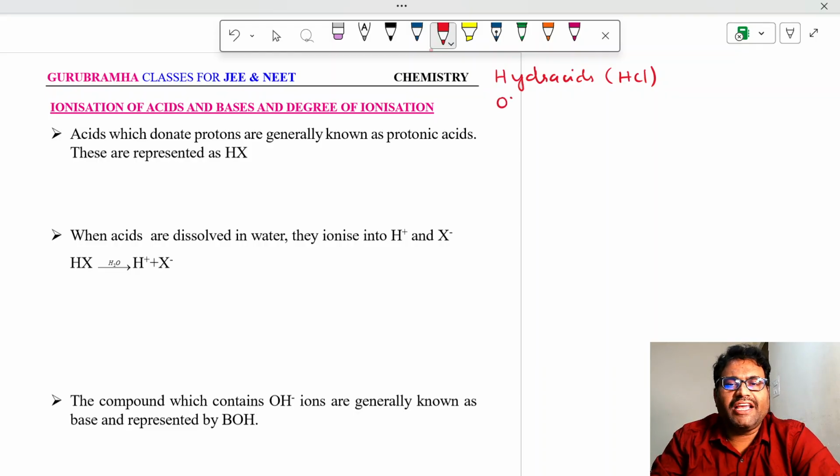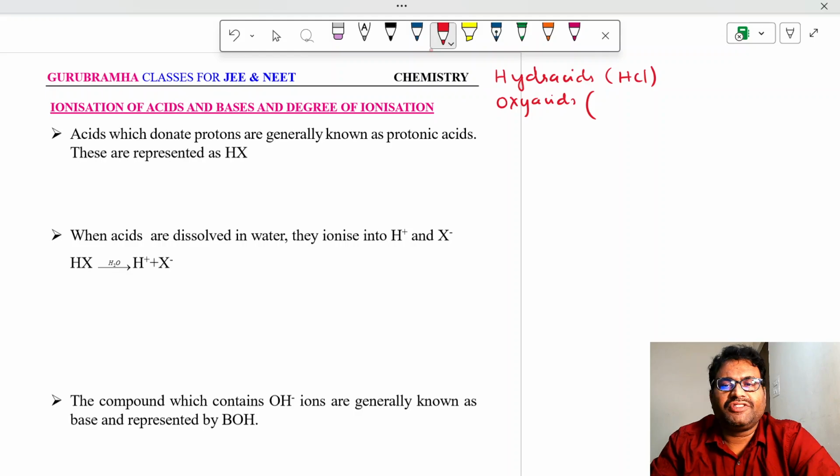Next, oxy acids. What are oxy acids? Let us take H2SO4, which is an oxy acid. Oxy acid, or oxo acid, means it contains an electronegative element. Here, sulfur is the electronegative element.